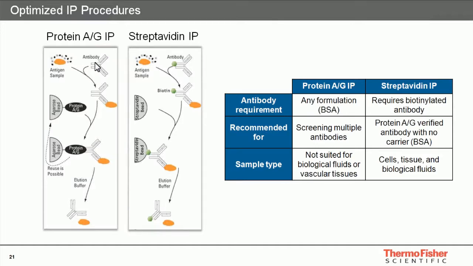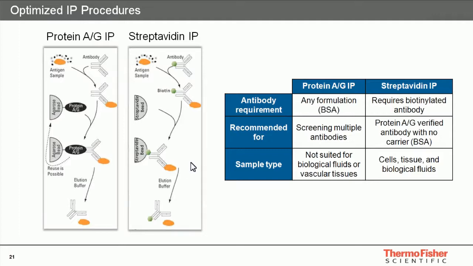That allows ample time for the low abundant targets to bind to the antibody based on the antibody's affinity. Then we bring in the magnetic beads for 1 hour at room temperature. Once you have that antigen-antibody complex bound to the beads, we use optimized mass spec compatible wash buffers in order to make it compatible with the downstream mass spec sample prep.